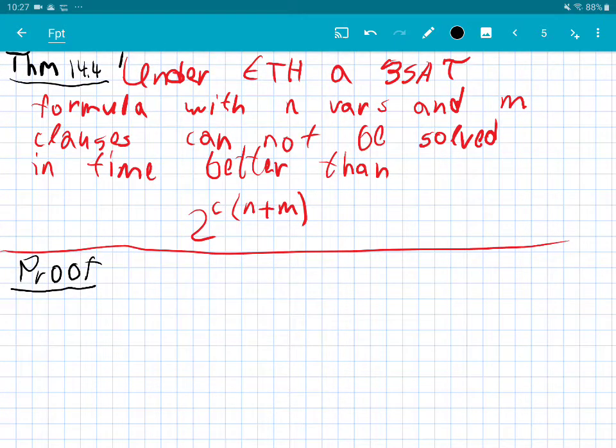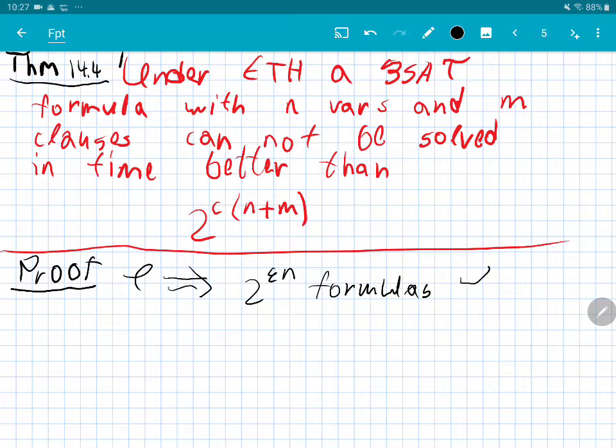So it enabled us to take a formula and dramatically reduce it to a sub-exponential number of formulas, where each formula was balanced, right? So if we can somehow solve, namely for those formulas, m_i is equal to n_i, is equal to n, right?